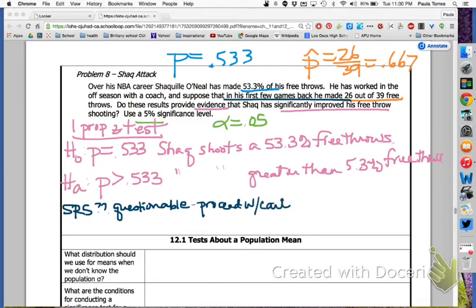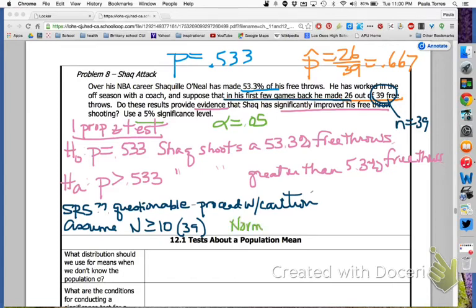And we will assume our independence rule is fitting. Remember, our sample size was 39. And since I'm doing a z-test, I want to use the p-naught to check for normality.